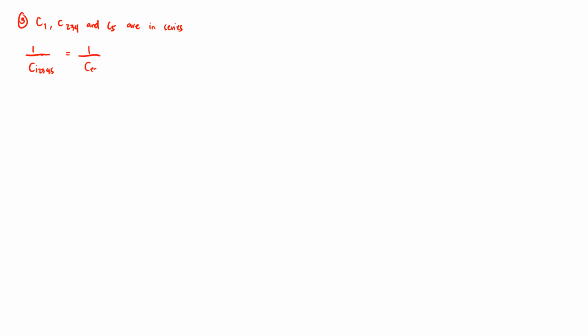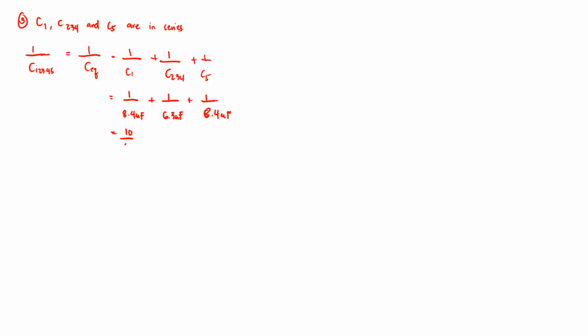1 over C equivalent is equal to 1 over C1 plus 1 over C234 plus 1 over C5. So you have 1 over your C1, which is 8.4 microfarad, plus your C234, which is 6.3 microfarad, and then your C5 is also 8.4 microfarad.